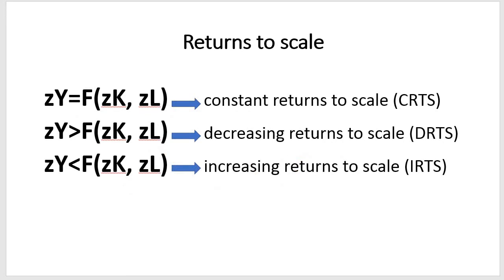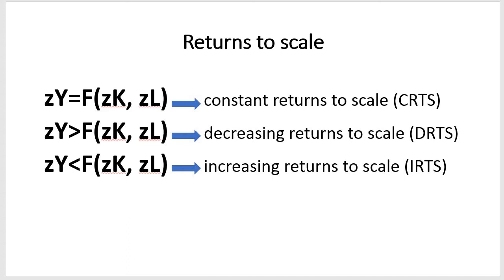So, returns to scale can be best described by the degree of homogeneity of production function. So if we assume that production function is homogeneous to degree 1, then we deal with constant returns to scale. If it's less than 1, then we deal with decreasing returns to scale. And if it exceeds 1, then we deal with increasing returns to scale.